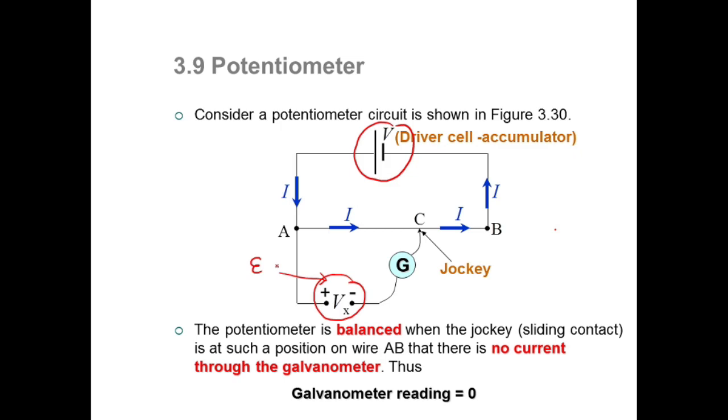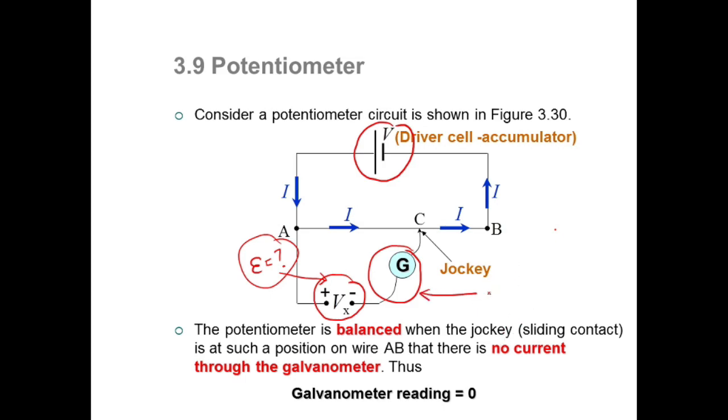For example, when we find an unknown battery, then we want to measure what is the value of the EMF. That unknown battery we attach in between point A and a galvanometer. A galvanometer is just like an ammeter, but it measures very small current.